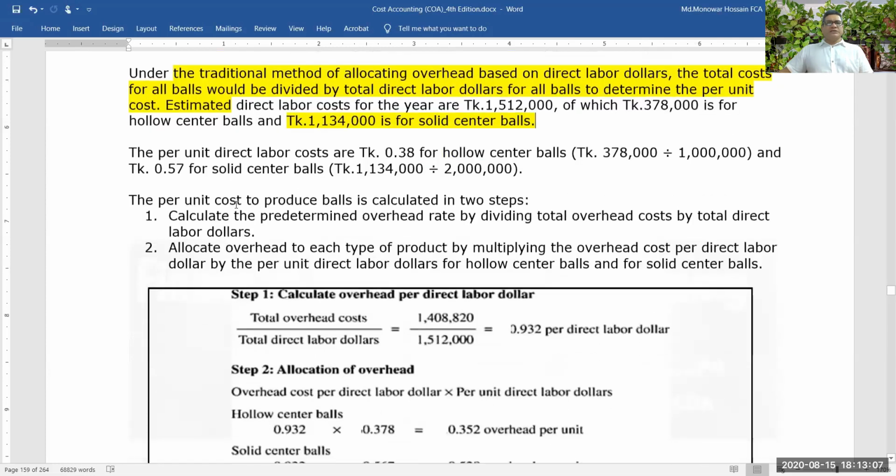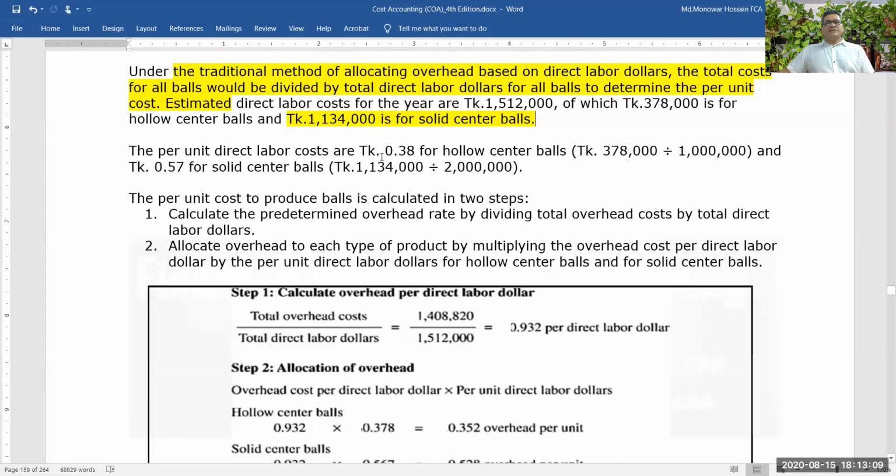So as per unit labor cost, 38 paisa for hollow center ball, that means 3,30,000, and per unit direct labor cost per solid center is 11,30,000 divided by 20 lakh, we get 0.57 taka.